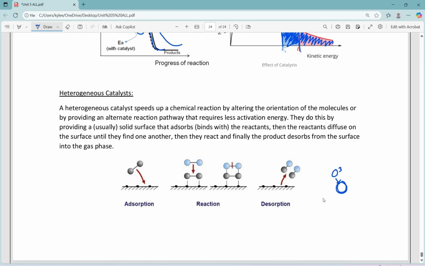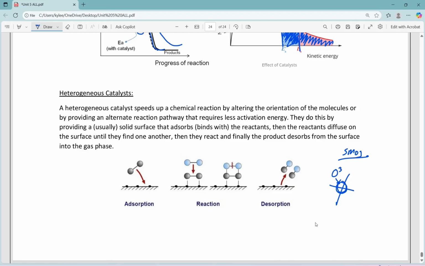Well, that's not great because we don't want the ozone layer to go away. We want the ozone to stay. And so having that catalyst in the atmosphere is actually really bad for us. That's why having a lot of smog and a lot of particulate matter in the atmosphere is such a bad thing for the ozone layer.